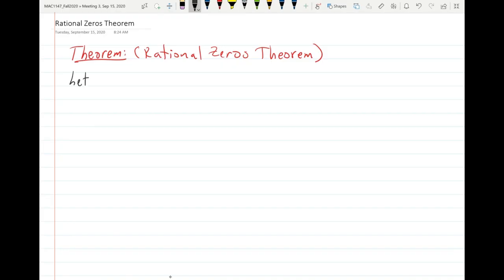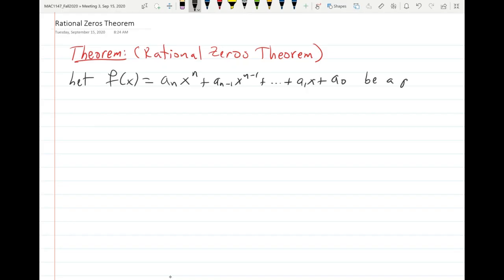So let's suppose that we have a polynomial, and remember, a polynomial, how does it look like? It has a leading coefficient that we usually call an, and then it has some lower degree terms and so on, until we get to the last guy, which is a0. That's called the constant term.